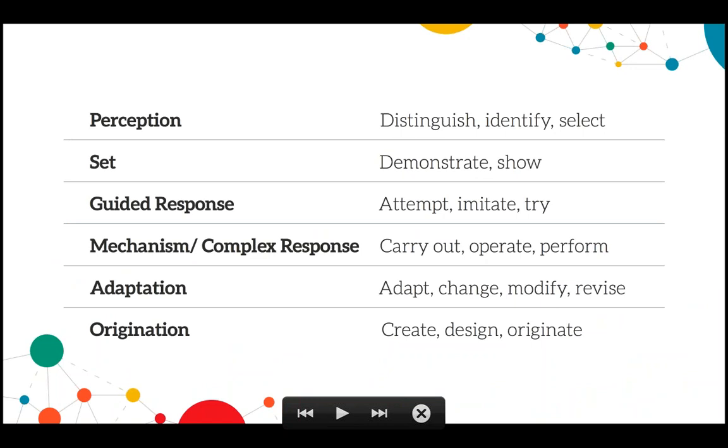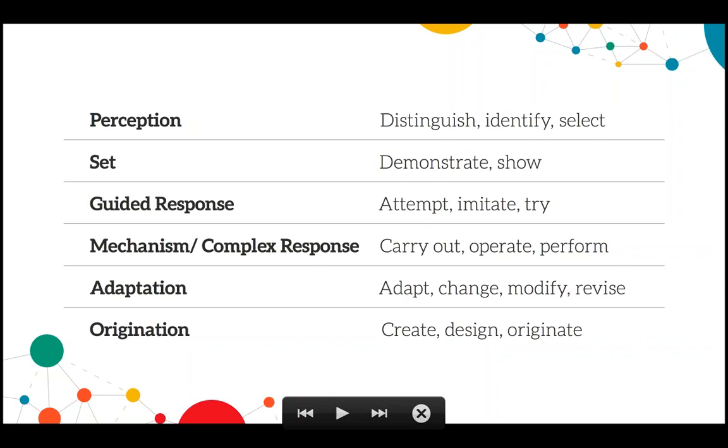When I think of this, I think of different stages of a student demonstrating a physical skill, starting from the easier to the more difficult ones. I have them listed here from the top, which is the easiest. Let's start with perception. This focuses on students perceiving how to respond a certain way. Action verbs I like to think of are distinguish, identify, and select.